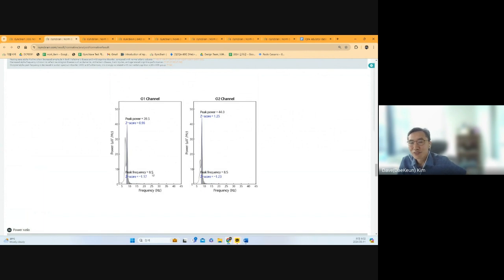So we can add, for example, 10 hertz alpha PBM for this old woman. Then we can make the alpha a little bit higher to have good information processing speed.